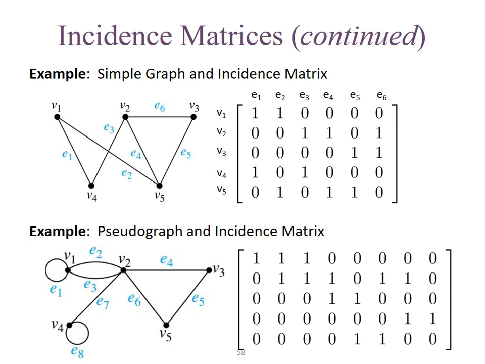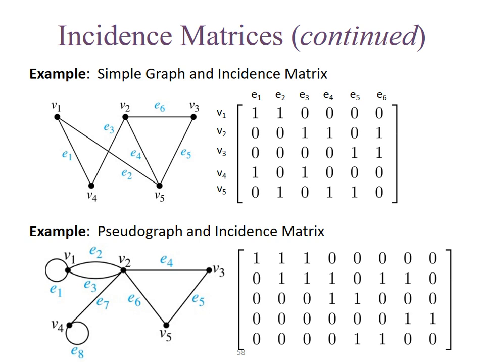Next, let's see pseudographs, which means we have multiple edges and loops. So let's see E1. Actually, E1 is a loop connecting V1. If the first column is E1, then we only have a 1 for V1, because the only vertex incident with E1 is V1.